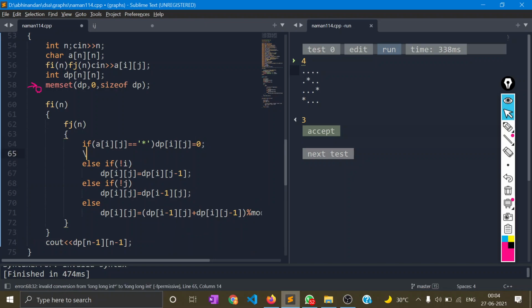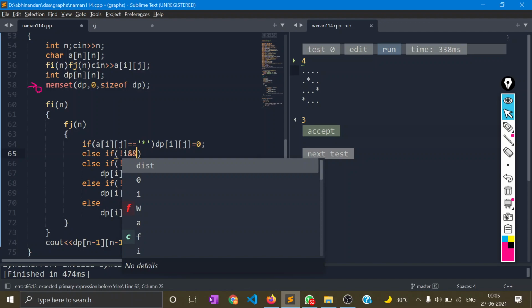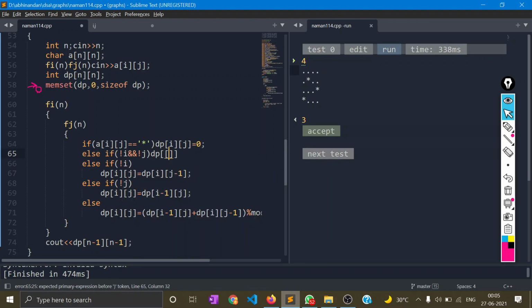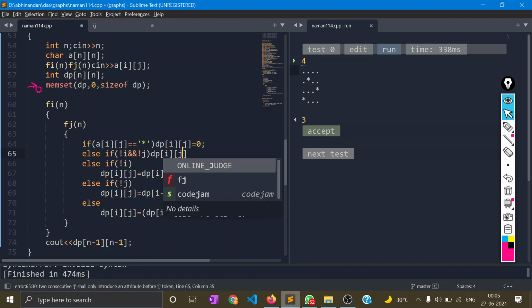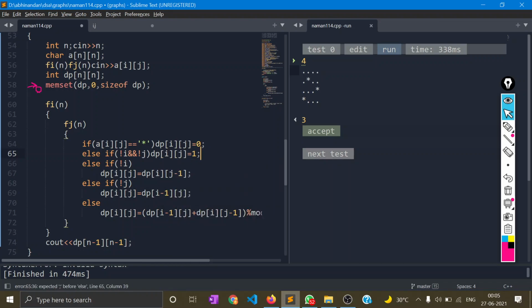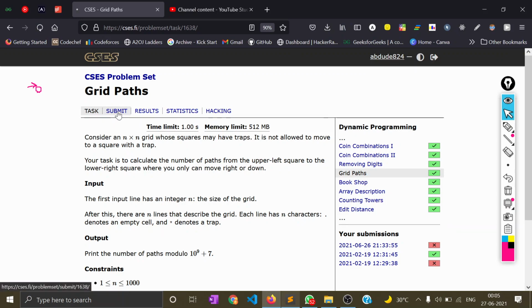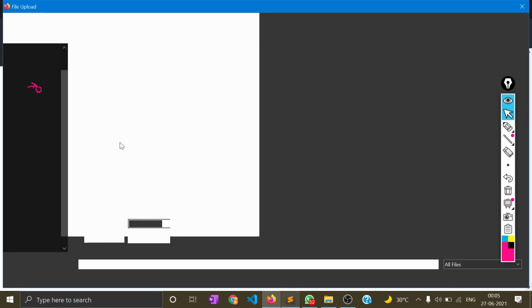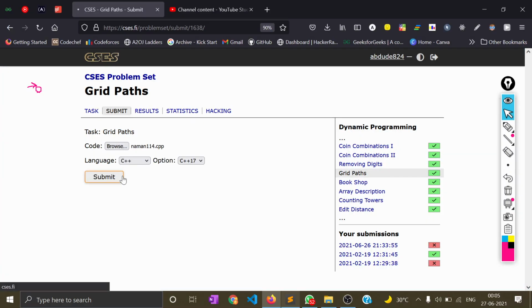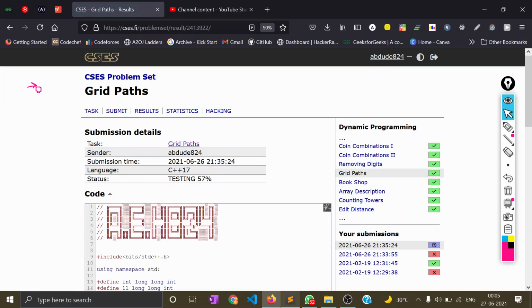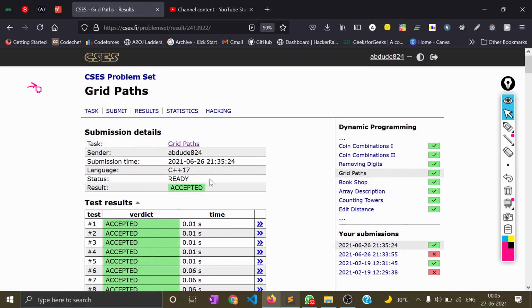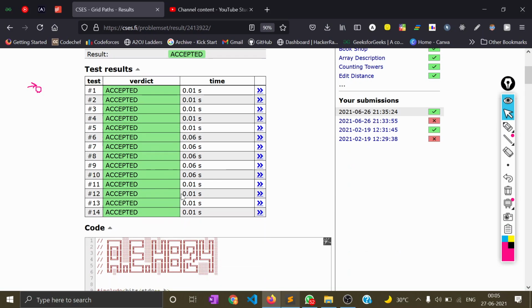Also a condition if both are 0. Let me modify i and j in dp[i][j] so that it is equal to that, because if it is a star then I will have marked it as 0. Yes, it should work now. Let's see.